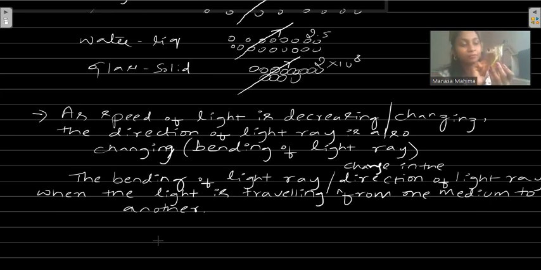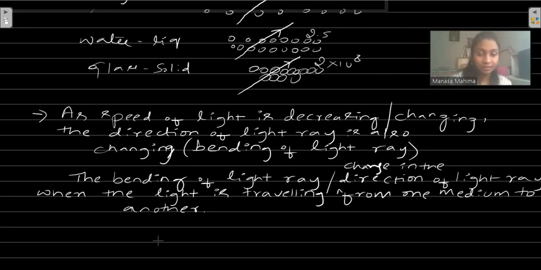The water surface present at the top is called the boundary. And this light ray is entering from air to water. As a result, we are seeing the bending of light ray. I will explain why it is like that.